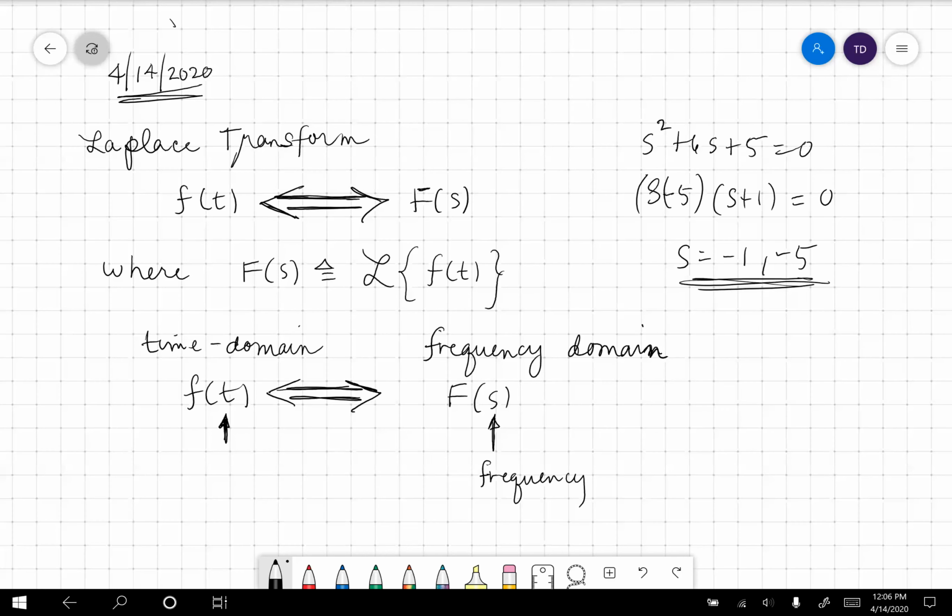Minus 1 and minus 5 were called the natural frequencies.